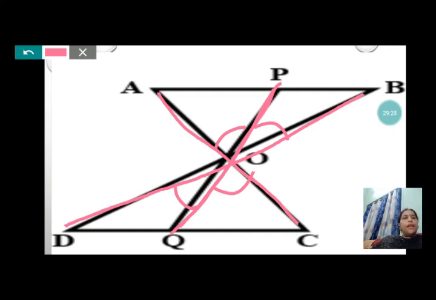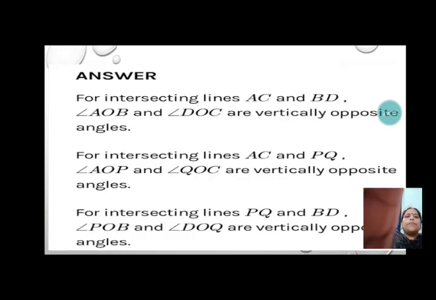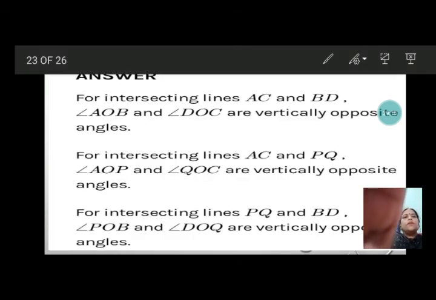So we have seen the vertically opposite angles over here. So for intersecting lines PQ and BD, POB and DOQ are vertically opposite angles.